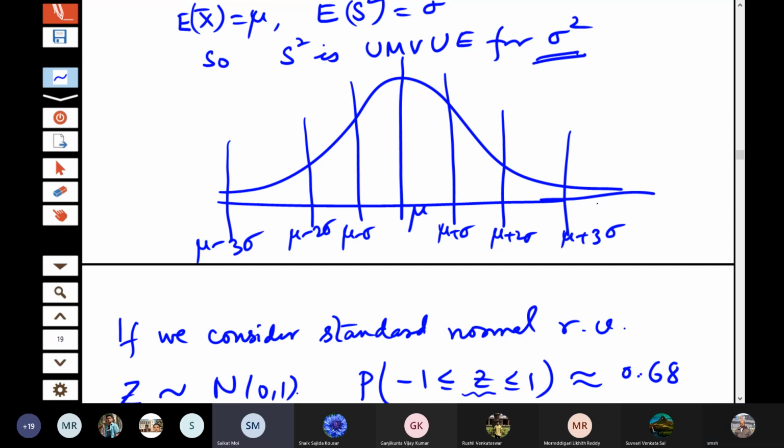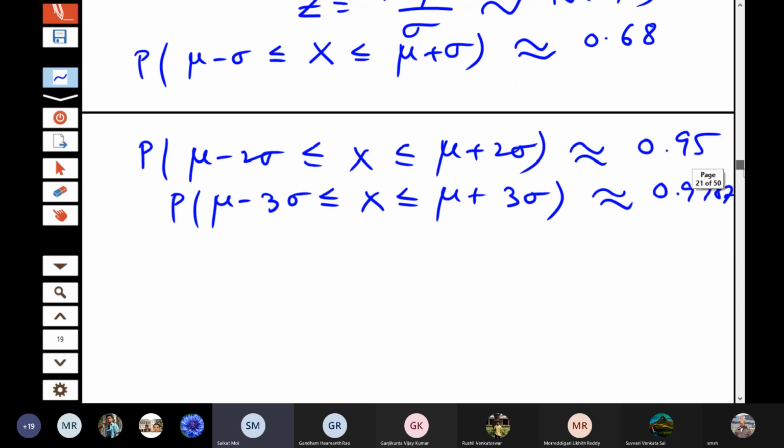Estimation of mu and sigma? No, estimation of mu and sigma is already done. So we would like to find estimates of mu plus sigma, mu plus 2 sigma, mu plus 3 sigma, etc. Or in general, I can say I want to find an estimate of mu plus p sigma, isn't it?